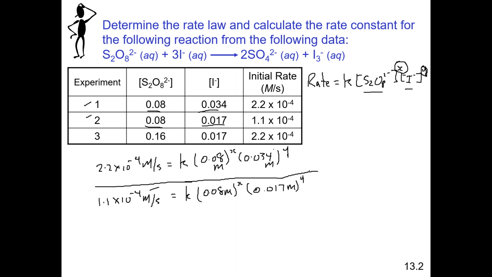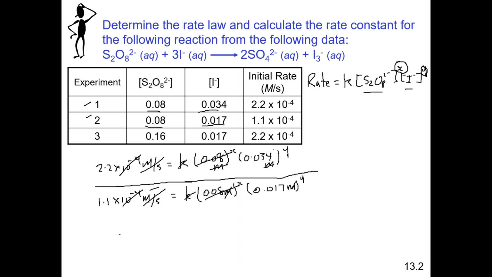I divide the top by the bottom, and some things will cancel out. The units will cancel out for sure, the M's and the M/s. The 0.08 here and here will cancel out. The k's will cancel out. And one more thing will cancel out, the 10 to the minus 4 here and here.